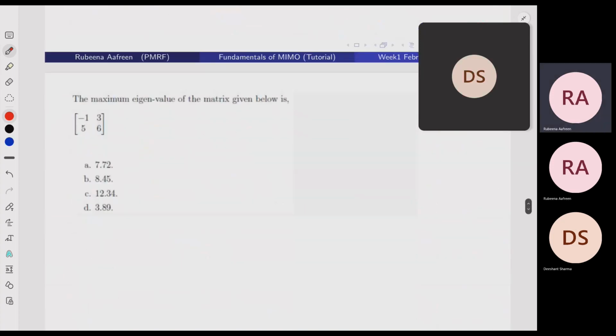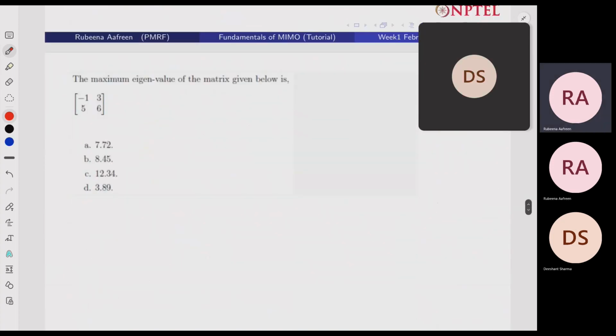Then the next one is the maximum eigenvalue of the matrix given below. So how do we find the eigenvalues? We have to look at the characteristic equation of the matrix.